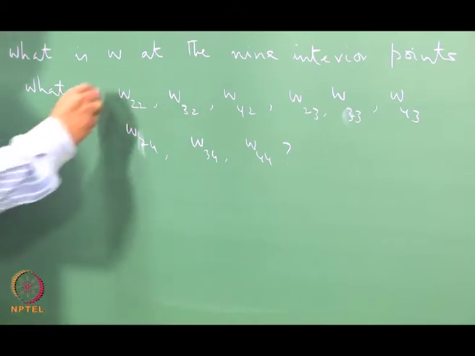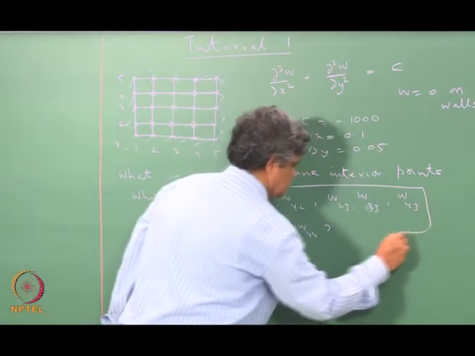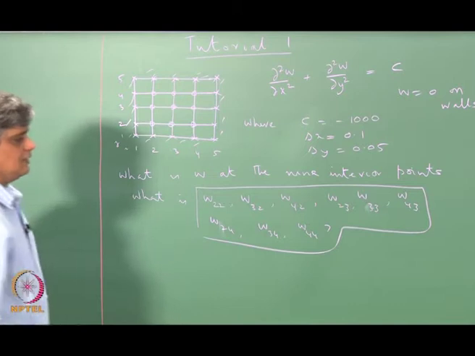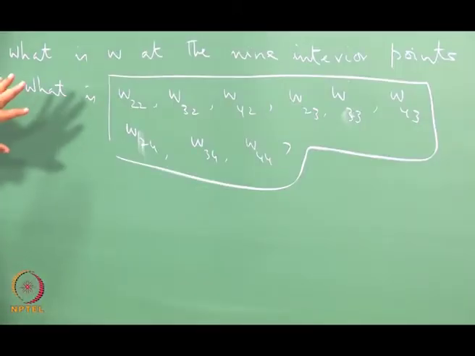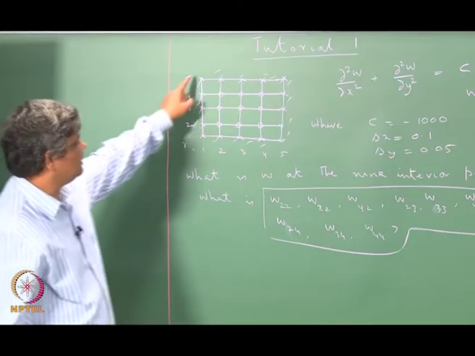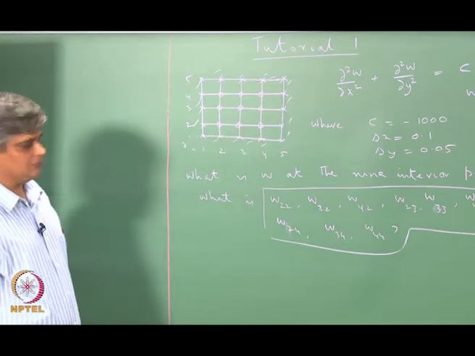So, these are the 9 velocities that we need to determine, and all the other velocities are equal to 0.